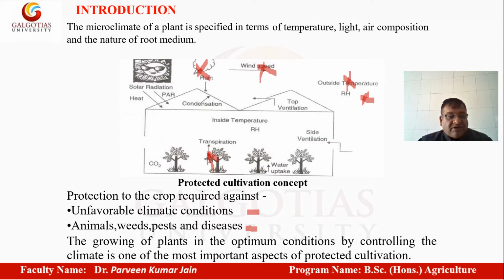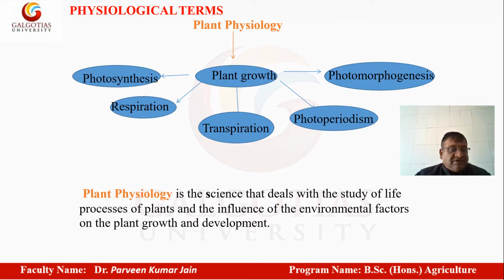The growing of plants in optimum conditions by controlling climate is one of the very important aspects so far as climate controls are concerned. The different physiological terms which we use in plant physiology are the same ones we use for explaining polyhouse activities, like photosynthesis, respiration, transpiration, photoperiodism.